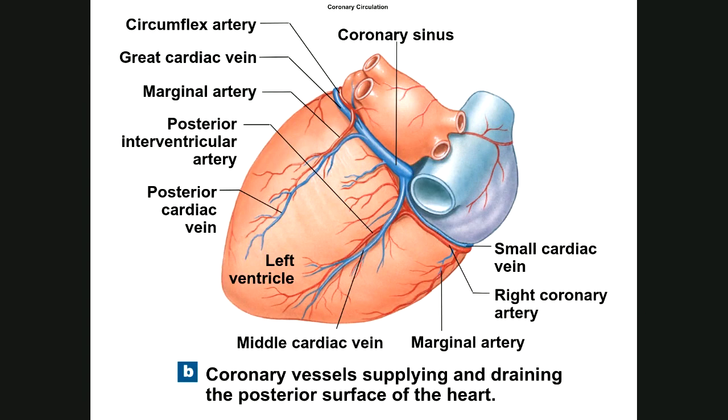So the coronary sinus empties into the right atrium, formed by the marginal cardiac vein, the great cardiac vein of the anterior interventricular sulcus, the middle cardiac vein in the posterior interventricular sulcus, and the small cardiac vein from the inferior margin.